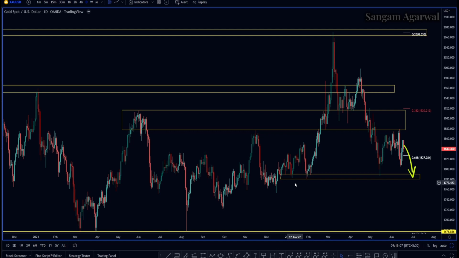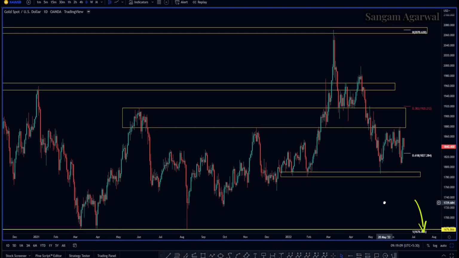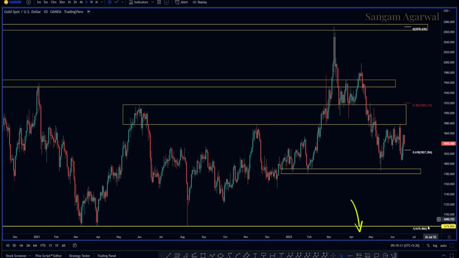If this level breaks, then you can say price will retest this 1676 level, but before that it has to clearly break this level, then you can say retest. And you can see price is making a rejection on the daily time frame between 1786 to 1811.